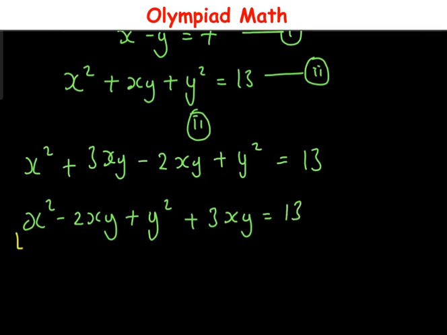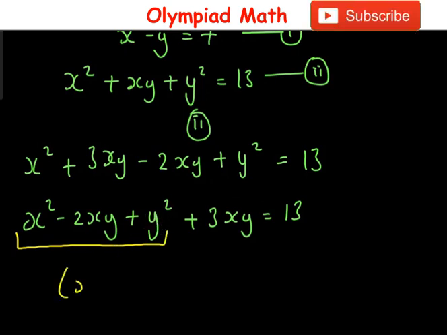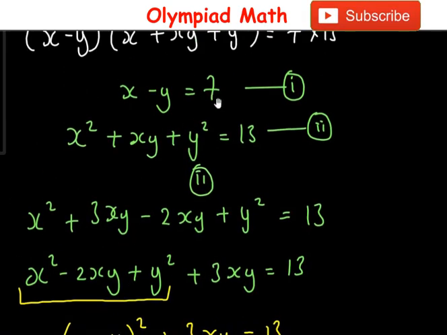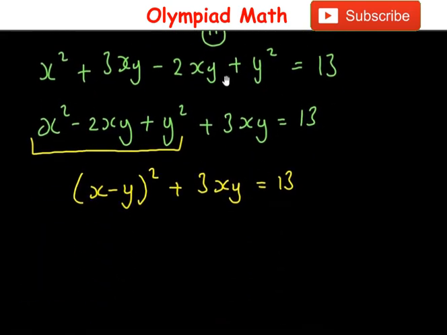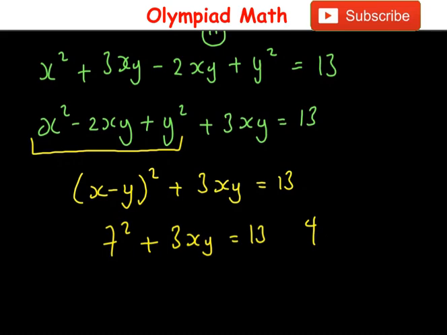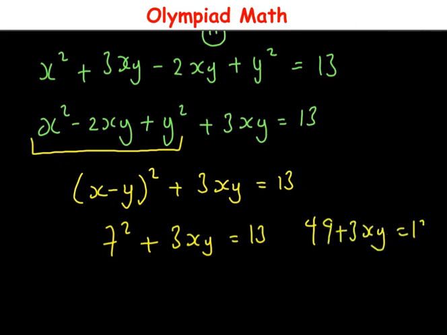So x squared minus 2xy plus y squared is simply (x minus y) all raised to power 2, plus 3xy equals 13. Recall that x minus y is equal to 7, equation 1. So we have 7 squared plus 3xy equals 13. 7 squared is simply 49, then plus 3xy equals 13.